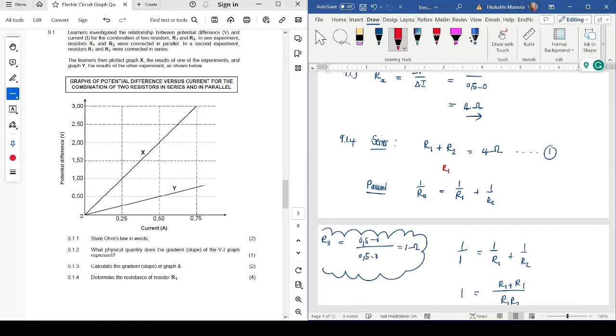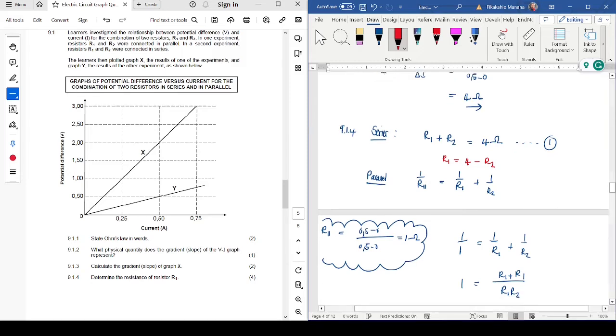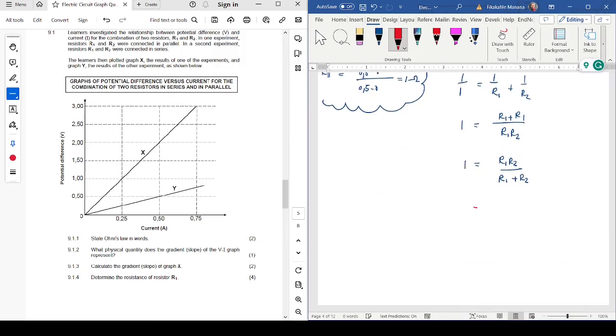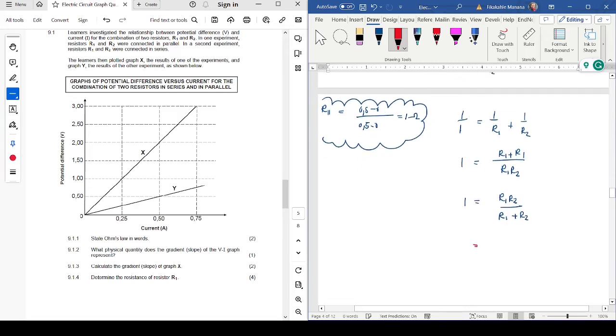how many marks is this? 4 marks. I feel like I'm working too much. Okay, R1 is 4 minus R2. So I can go and substitute it there. 4 minus R2, and then we have R2. Again, 4 minus R2 plus R2 is equal to 1.